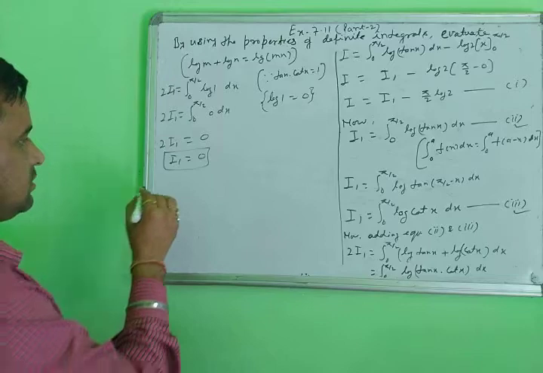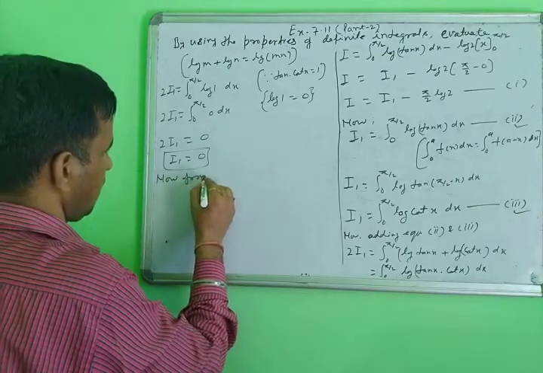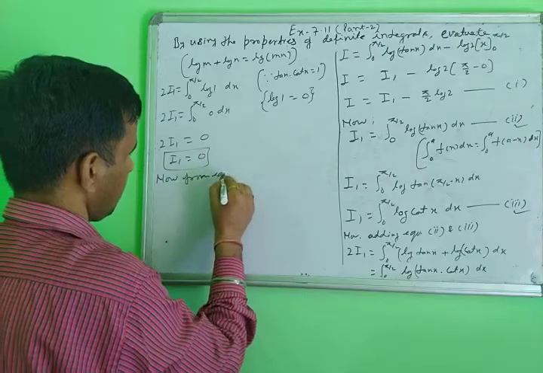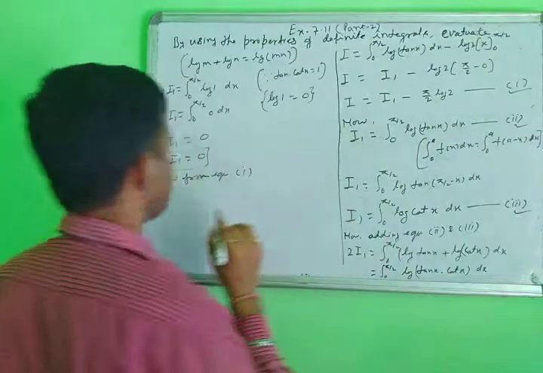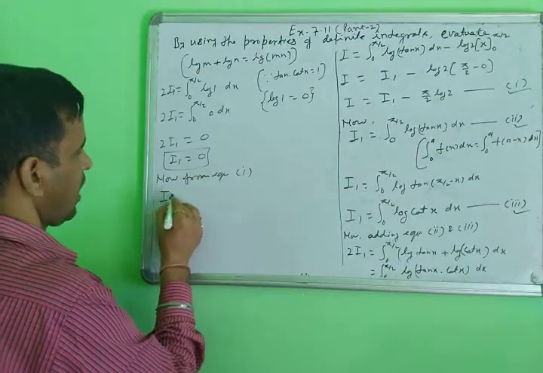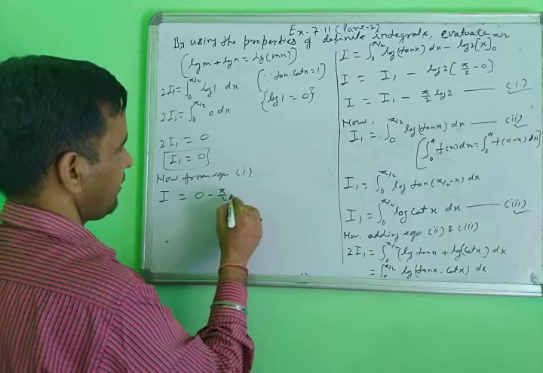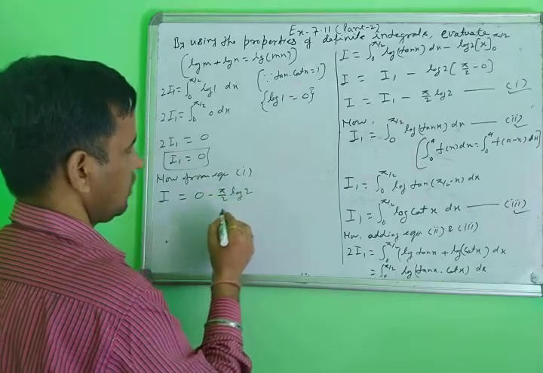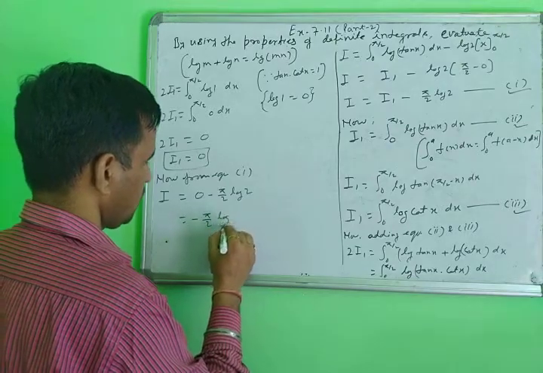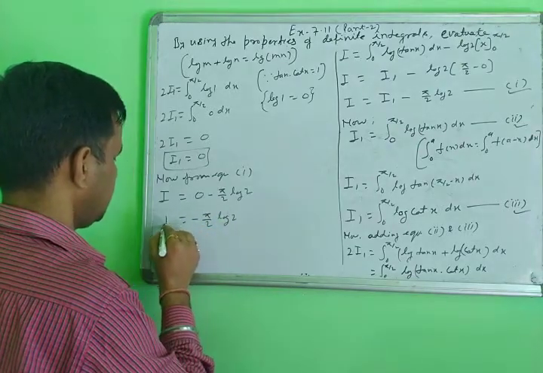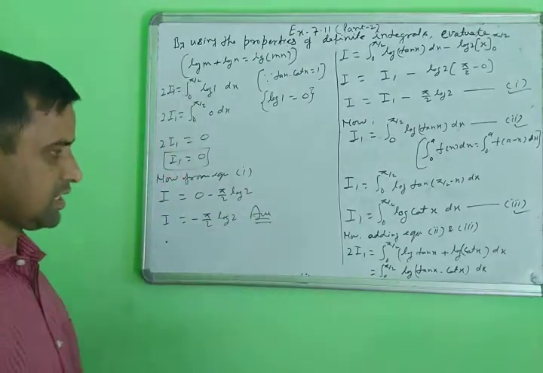Now from equation first, the value of I1 is 0, so minus pi by 2 log 2. The result will come only pi by 2 log 2. This is your value of the integration. This is your answer.